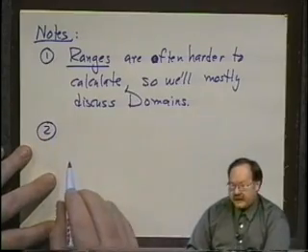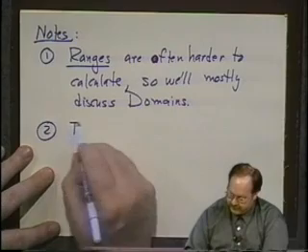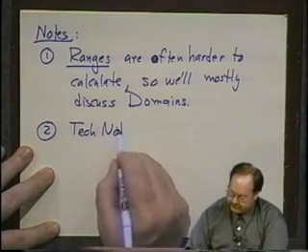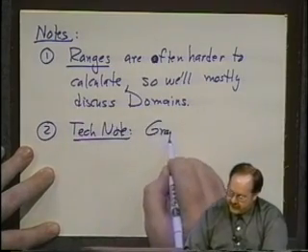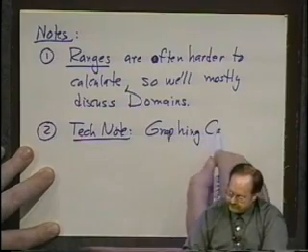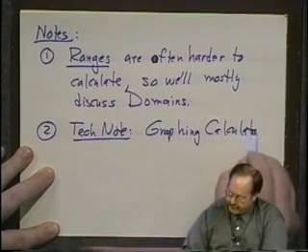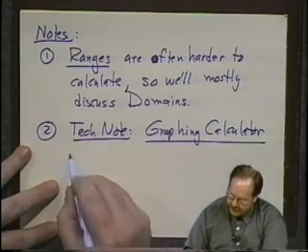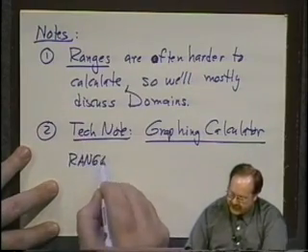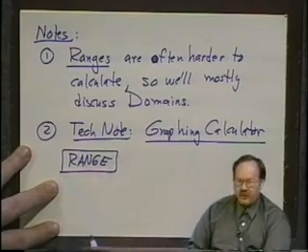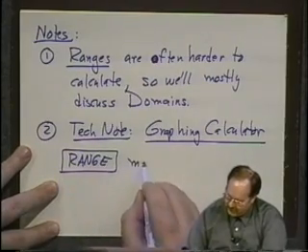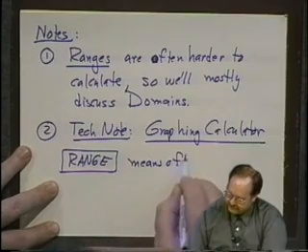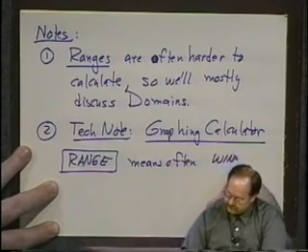Now, the next two notes are technical notes. This is a tech note regarding your graphing calculator. There are two things you need to be aware of. One is, when you see a key on the graphing calculator that looks like this, range, it often means window.